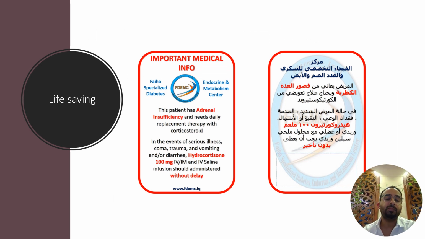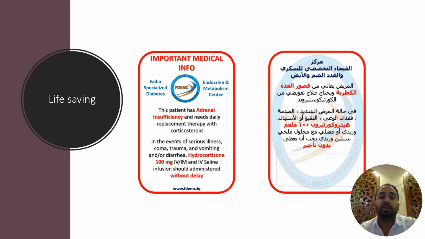For any patient with hypopituitarism or adrenal insufficiency, adrenal hormone deficiency is really hazardous and can lead to considerable morbidity and, importantly, mortality, especially when there is failure of effective replacement therapy during stressful conditions. So a patient diagnosed with hypopituitarism should carry what's called the important medical card info.